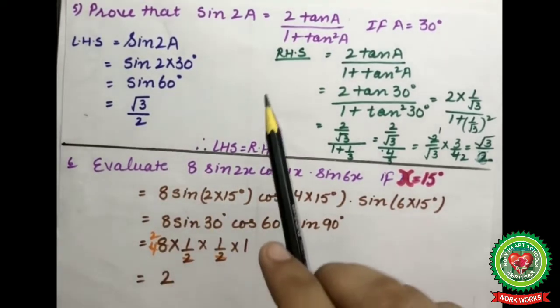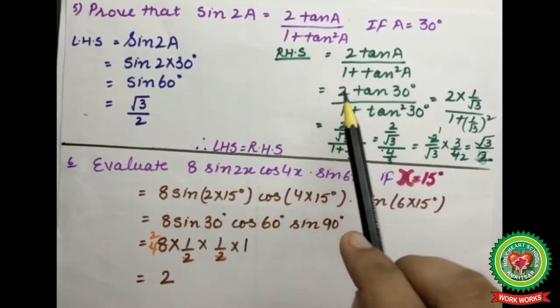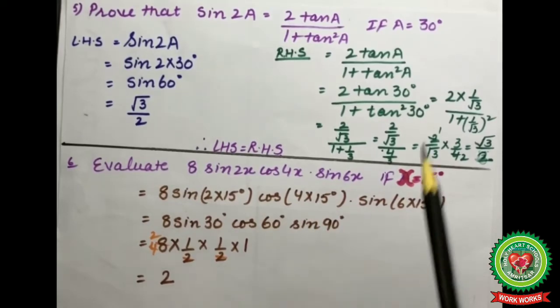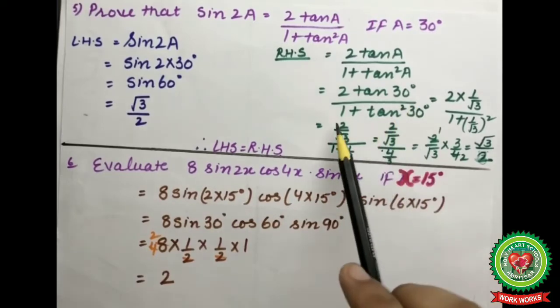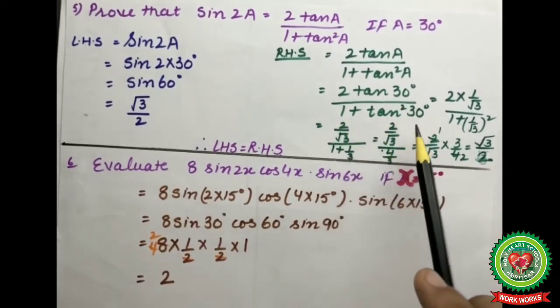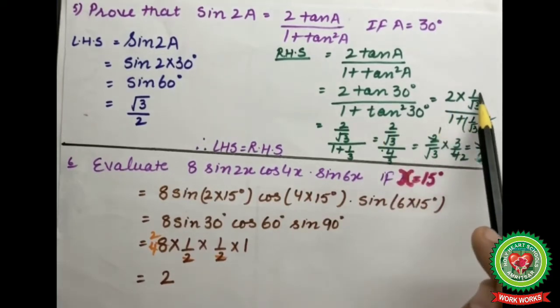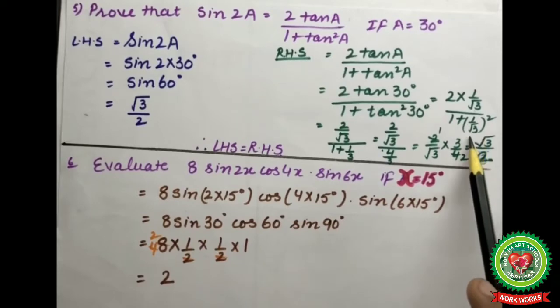Now we are going to solve the right hand side, which is equal to 2 tan A upon 1 plus tan square A, and on substituting the value of A as 30 degrees, we'll get 2 tan 30 degrees upon 1 plus tan square 30 degrees. So it will become 2 into 1 by under root 3 upon 1 plus (1 upon under root 3) whole square.